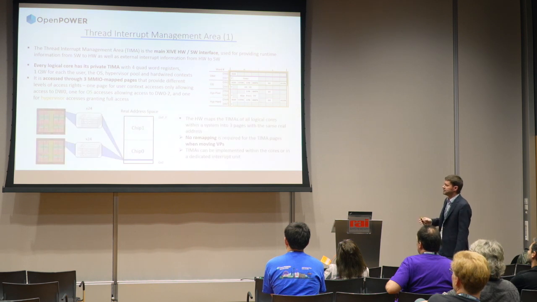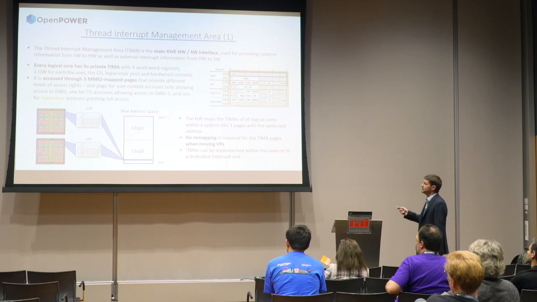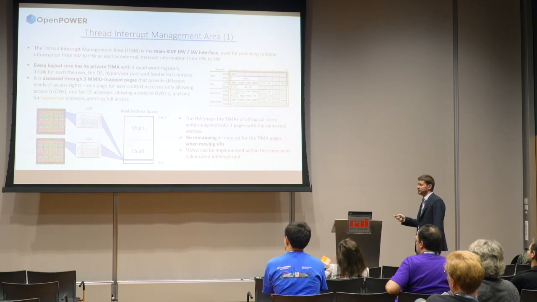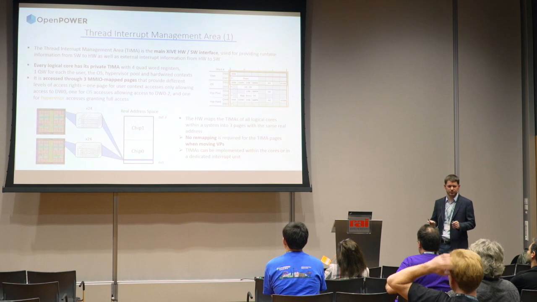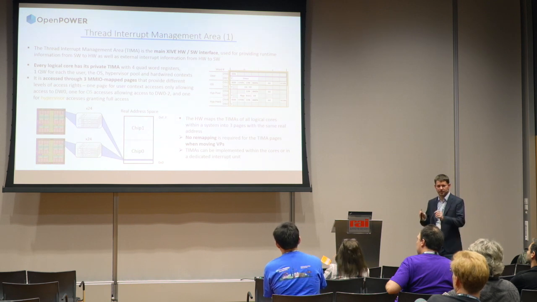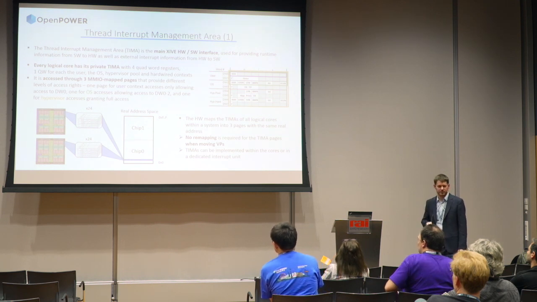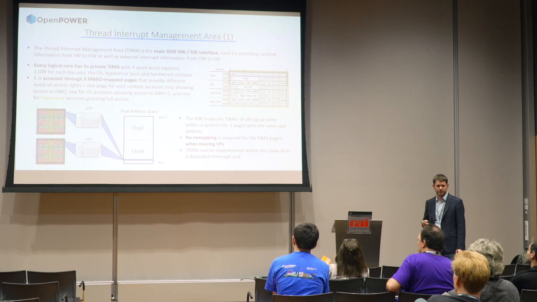And to facilitate the mechanism, those 3 MMIO pages are exactly the same in terms of real addresses, independent of which core you're making the access on. So the hardware will map the access to the TIMA based on the location of the logical core that is doing the access.